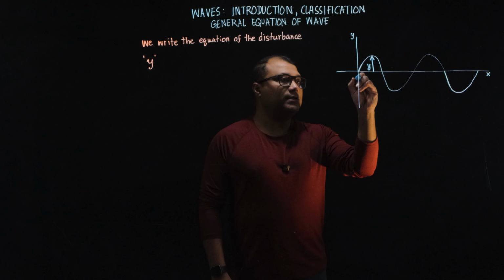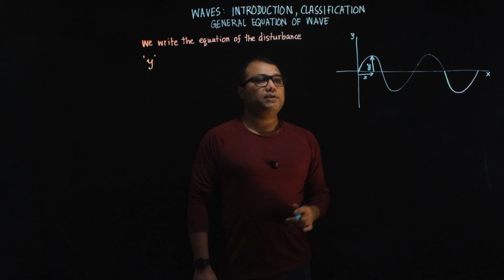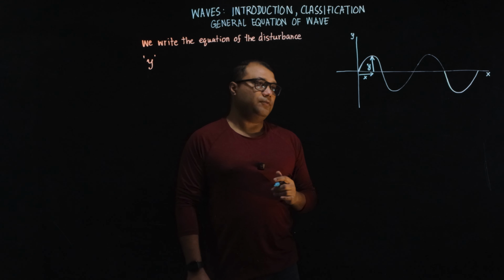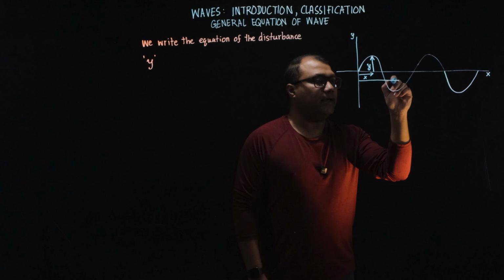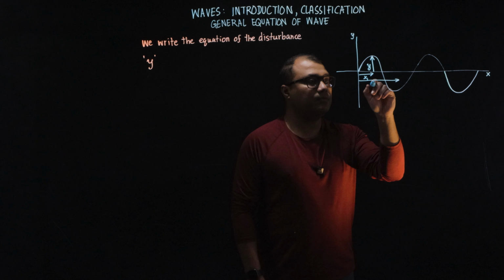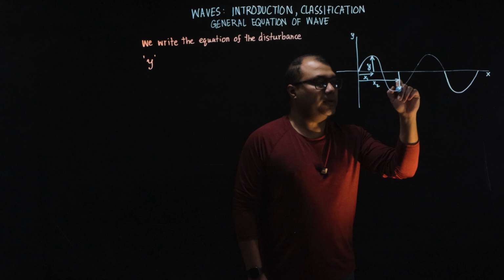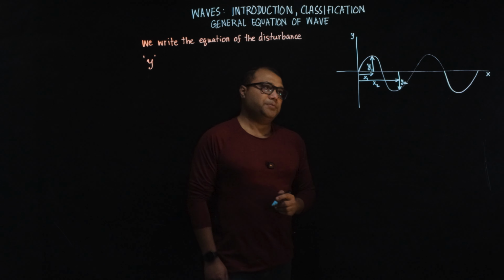If at a distance x, I want to find out the displacement, that should be obtained from the general equation of the wave. Let's say this is x1, this is x2; at a different x, this will be the displacement.